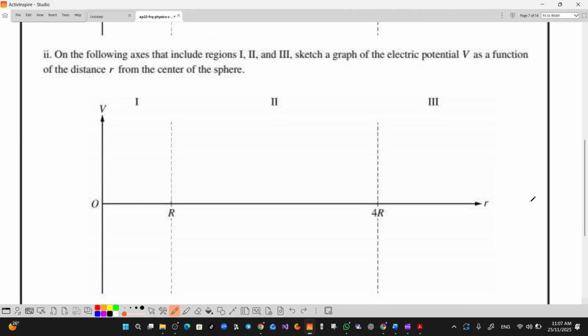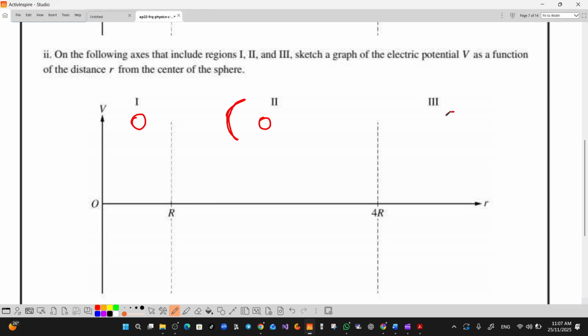Now, on the following axis that include regions I, II, III, sketch a graph of electric potential as a function of the distance from the center of the sphere. So again, we're going to start from the center of the sphere up to the third region. The first region represents the insulator sphere. The second region is the distance between the insulator and the inner surface.